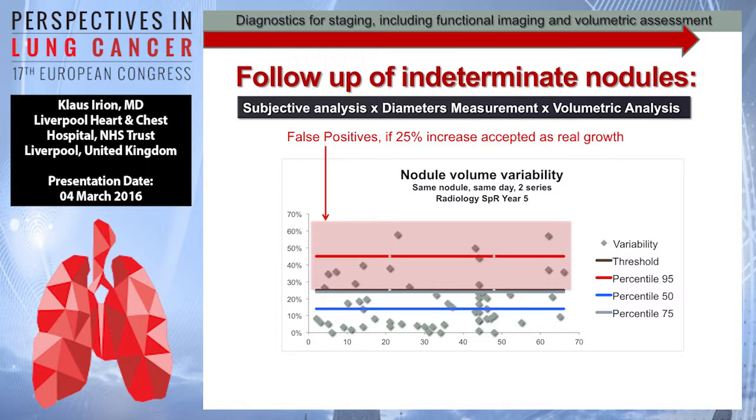So when you use this threshold, you know that in 1 in 4 nodules, at least with our software, you would say that the nodule has increased in volume, and it actually has not. Yeah? It was just a limitation of the technique. So when you call growth based on volumetry, if you use software similar to ours, you do need to be aware that you may be overcalling 25% of your patients as the nodule having expanded.